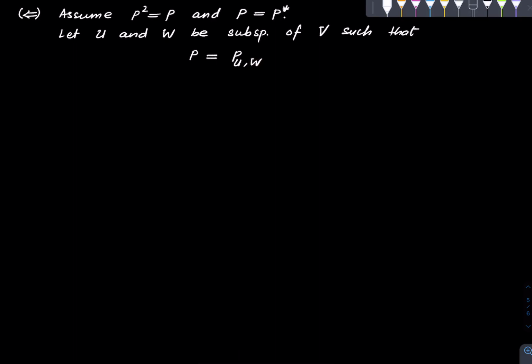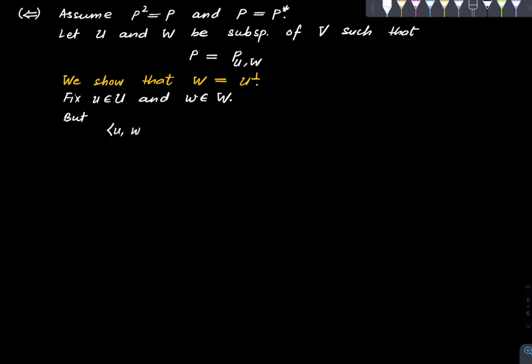So fix little u in U and w in W. We will just show that these two things are orthogonal. But u dot w is Pu dot w, because P of u is equal to u simply because P is the projection on U. When restricted to U, P behaves like the identity map.